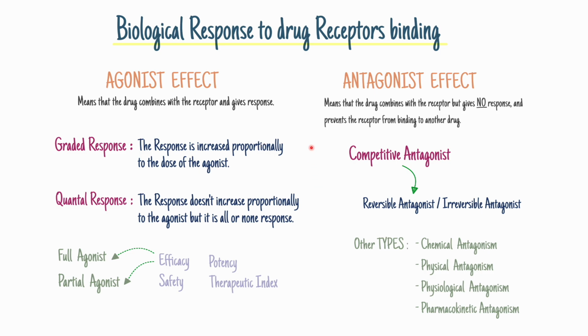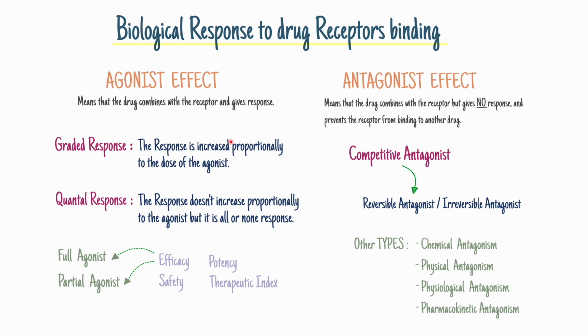This is called the biological response to drug-receptor binding. There are two main types: an agonist effect, in which the drug, when combined with the receptor, gives a specific response, or an antagonist effect, which means that the drug, when combined with the receptor, gives no response and prevents the receptor from binding, like it puts it out of action. In this video, we will talk more about the agonist effect.